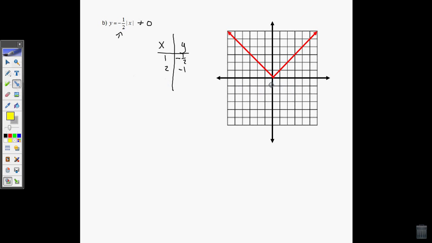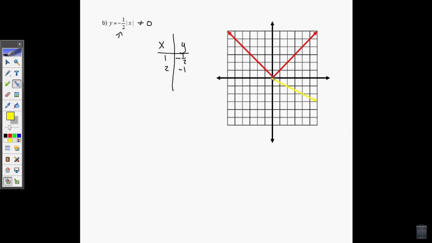So let's look at how we would graph this. I could think of the slope negative 1/2, which is going to be over 2 and down 1, over 2 and down 1, over 2 and down 1, and I make that.